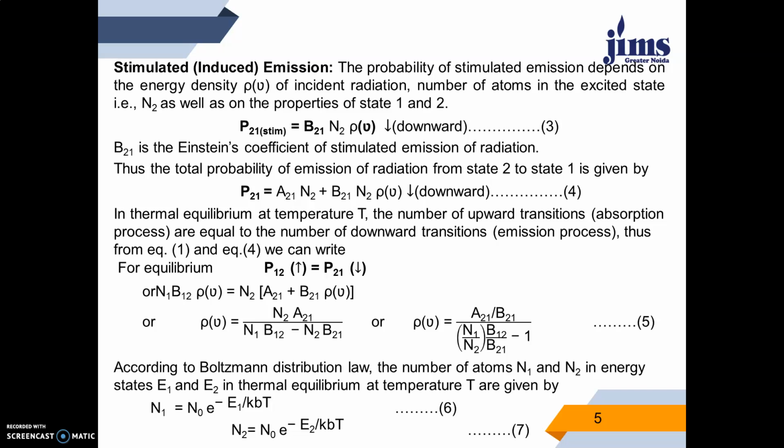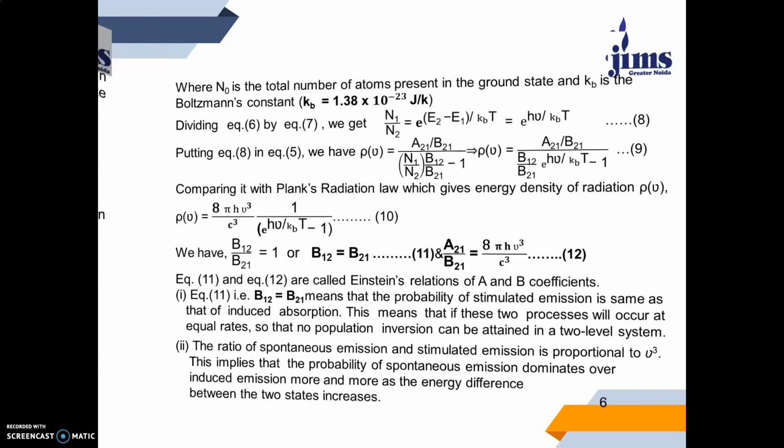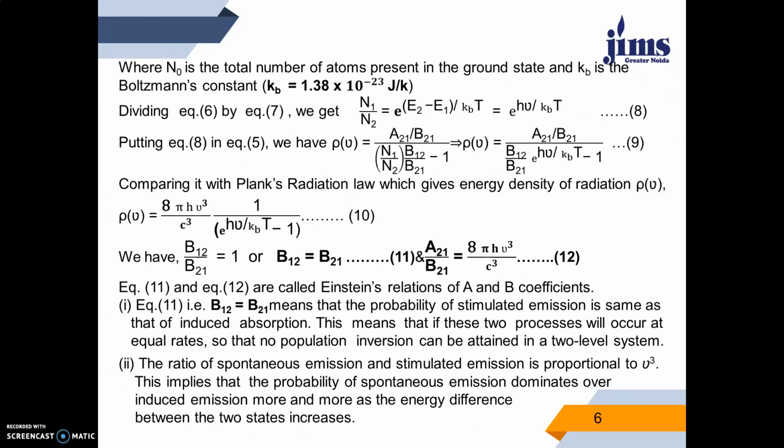This is equation number 7. Here N0 is the total number of atoms present in the ground state and kB is the Boltzmann constant. You already know about this constant. Its value is 1.38 times 10 to the power minus 23 joule per Kelvin.